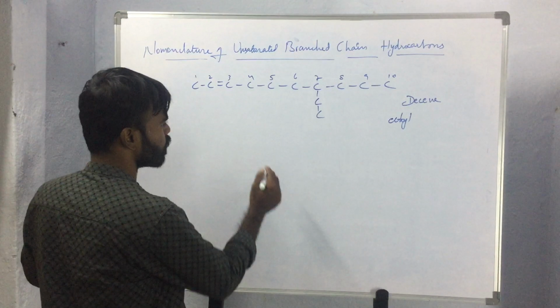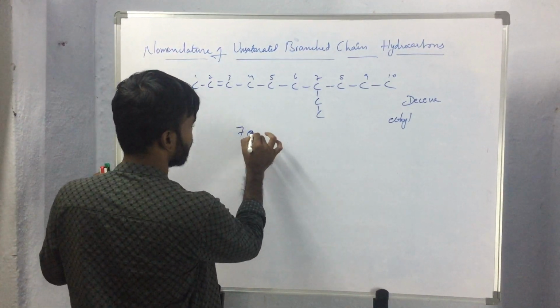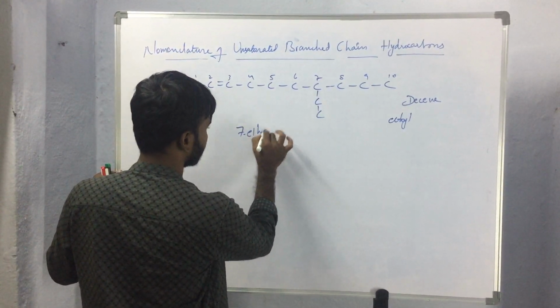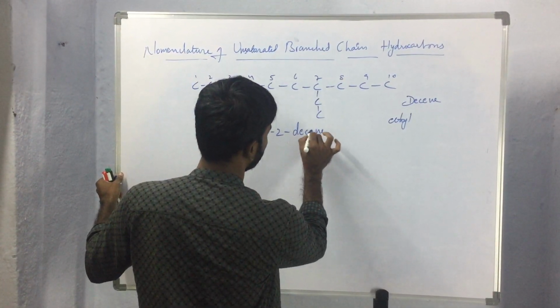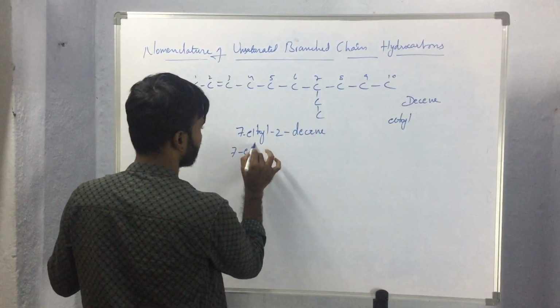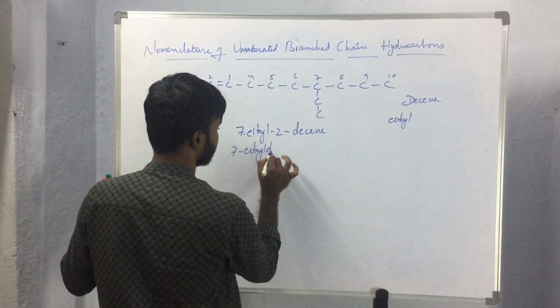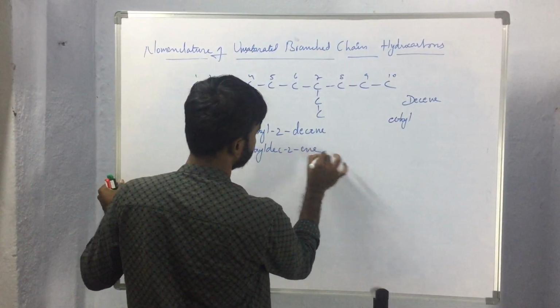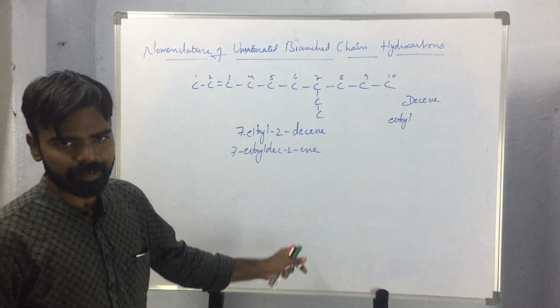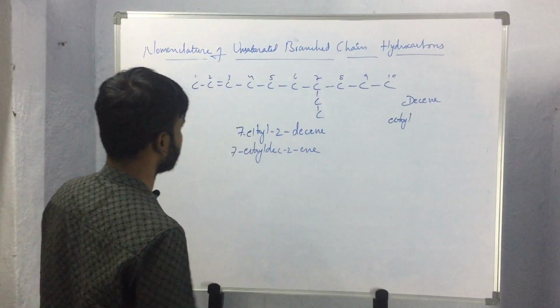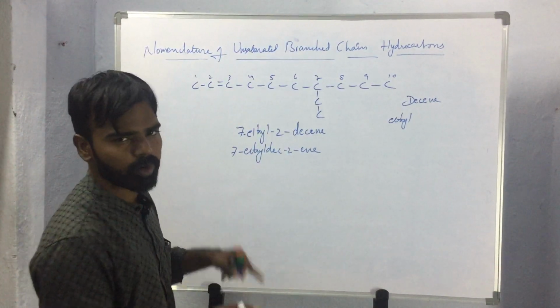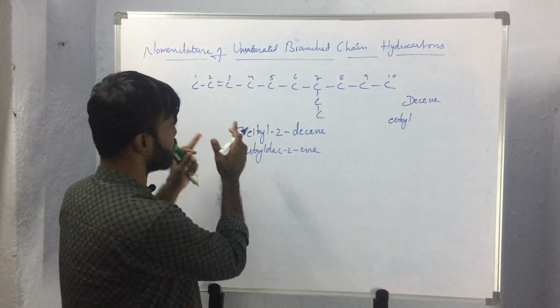So the name of the compound will be 7-ethyl-2-decene, or 7-ethyldec-2-ene. So if the unsaturation is present in the parent chain, we can name the compound very easily. This is very easy.